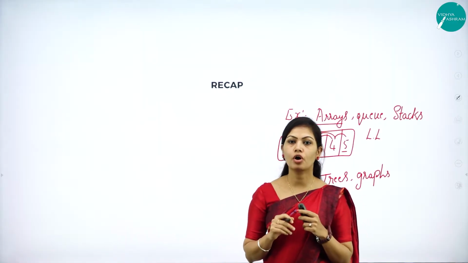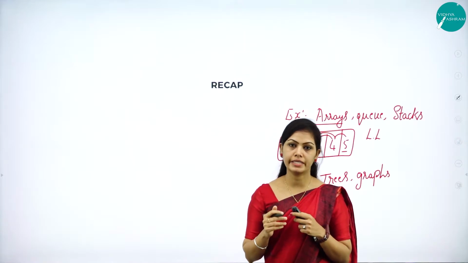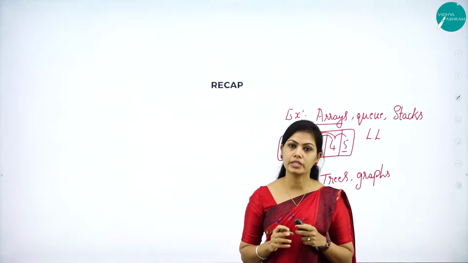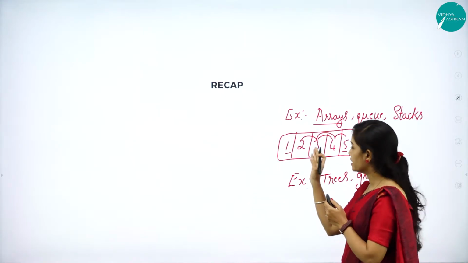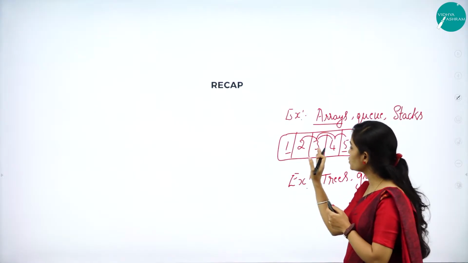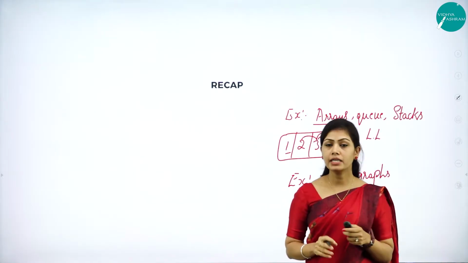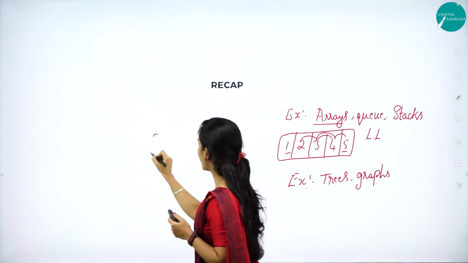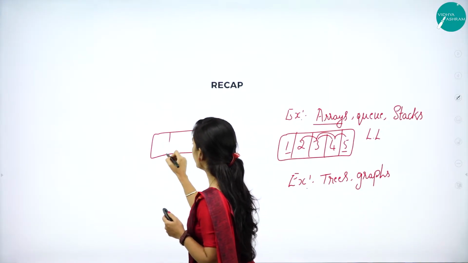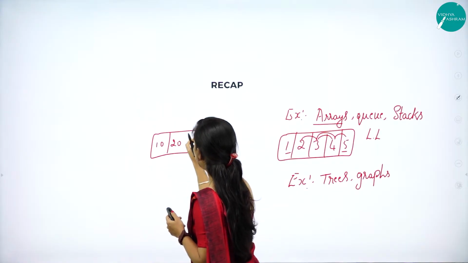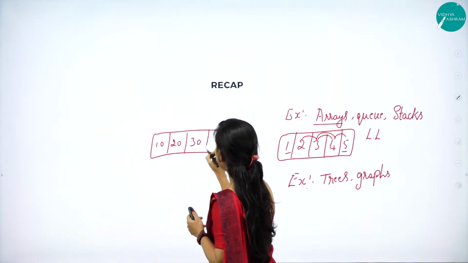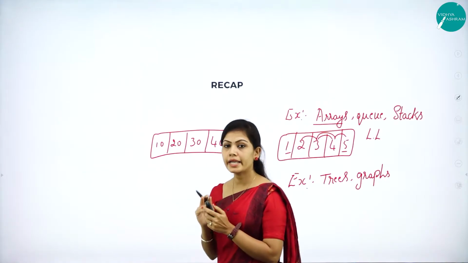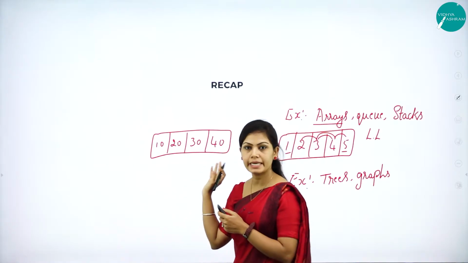Array makes it easier to find the position of an element, and array can hold more than one element. Example: 10, 20, 30, 40, etc.